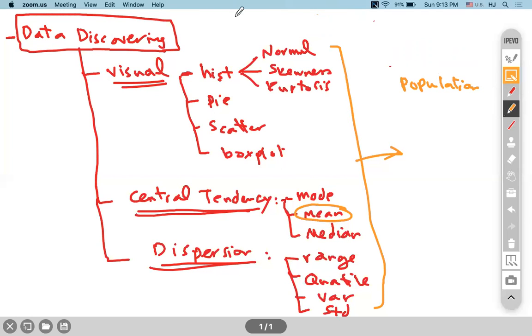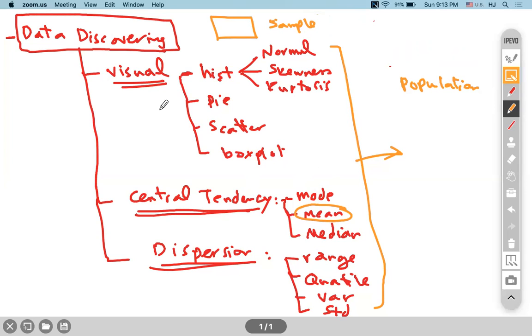So we have the sample here. If the data represents just a sample, we try to see, does this mean which we calculated using some methods represent the population? In order to see if it does, we have to figure out how much the sample reflects the population.